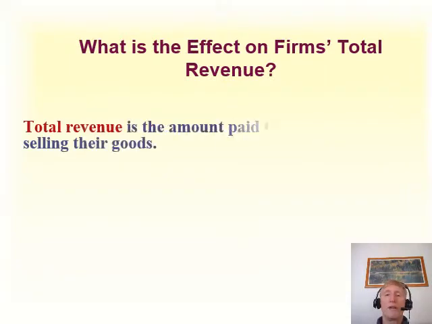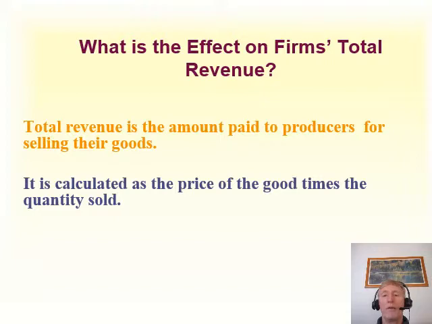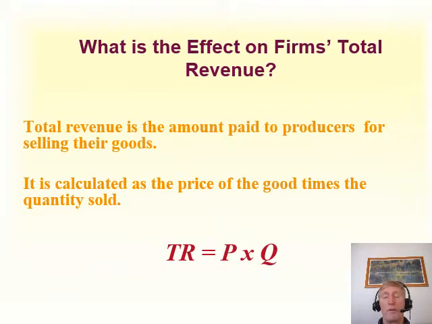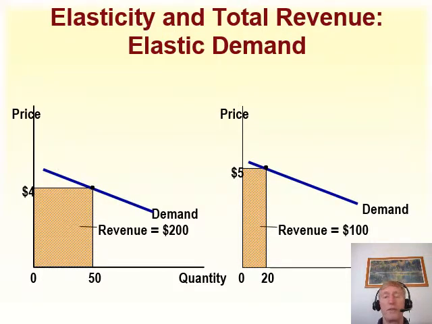In general, you have to realize that total revenue is the amount that producers are earning, this is not profits, it's just the total amount of what they're going to earn. And that's going to be how much each price is, and how many they're selling. And therefore your formula is price times the quantity. That's going to be the total revenue.